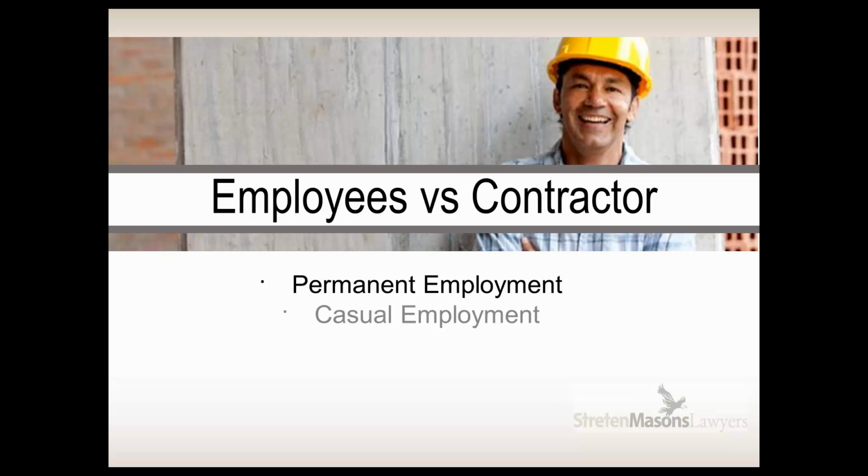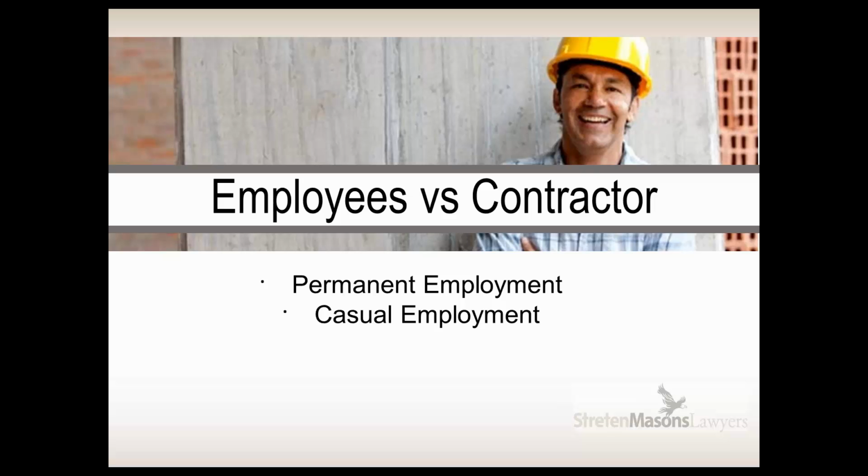The next type of employee is a casual. Casual employees work on an hourly basis normally, on an as needs basis. Normally it's an irregular pattern of work or hours that they work each week.